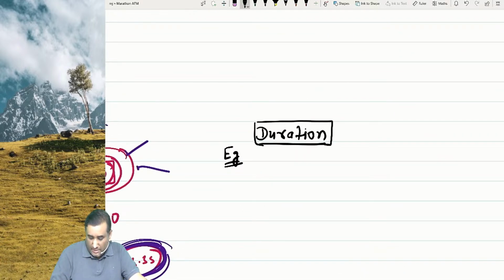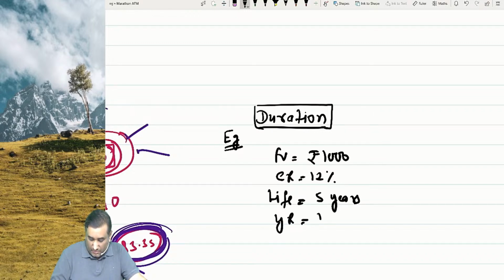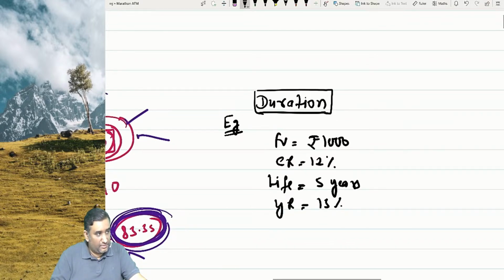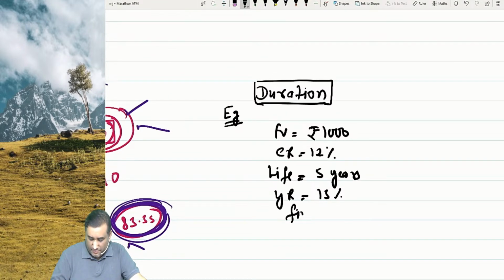Let's suppose face value is rupees 1000, coupon rate is 12%, life 5 years, rate 13%, find duration.